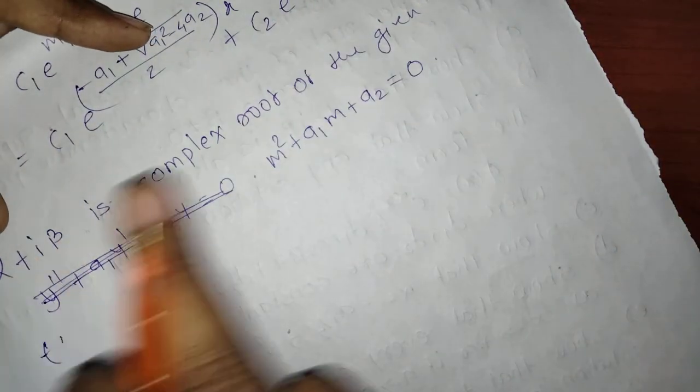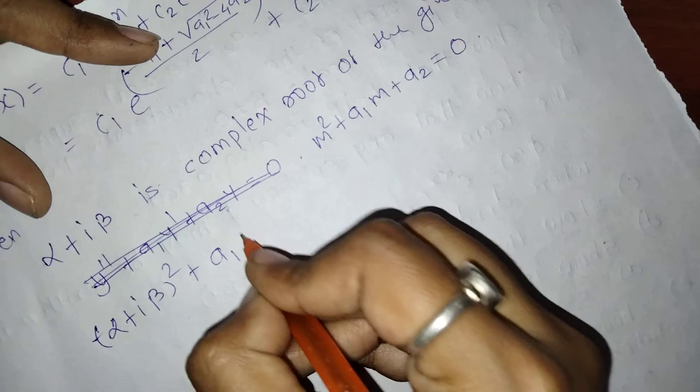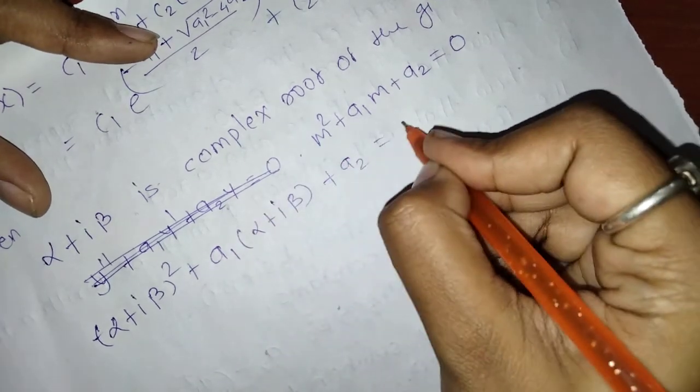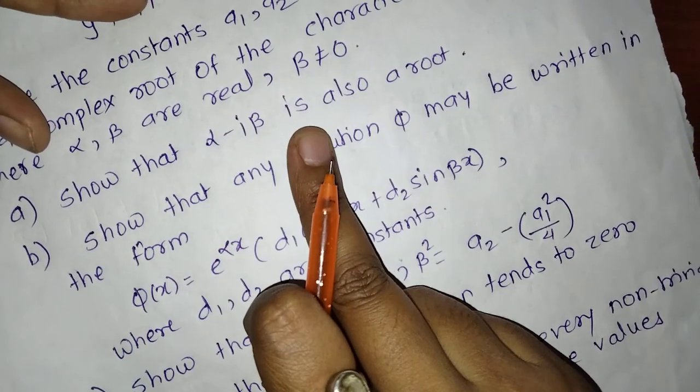So, alpha plus i beta satisfies this equation, means (alpha plus i beta) square plus a1 (alpha plus i beta) plus a2 equal to 0. Now, we have to show that alpha minus i beta is also a root.